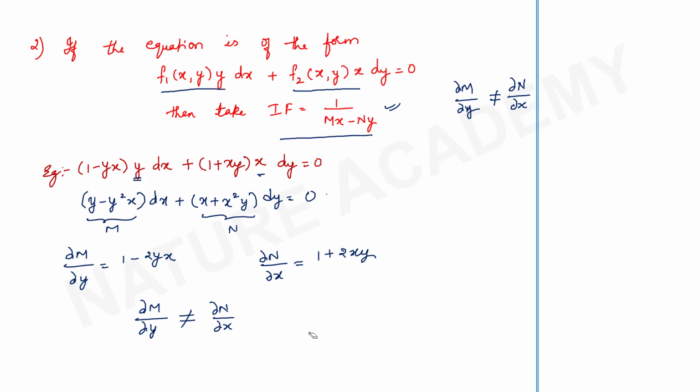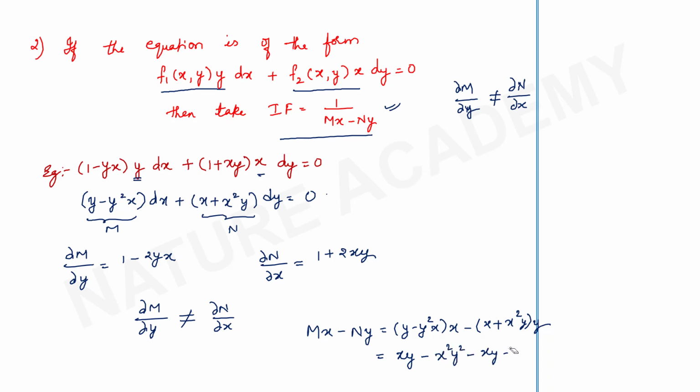To find the integrating factor, first find Mx minus Ny, which is equal to (y minus y square x) into x minus (x plus x square y) into y. So this will be equal to xy minus x square y square minus xy minus x square y square.